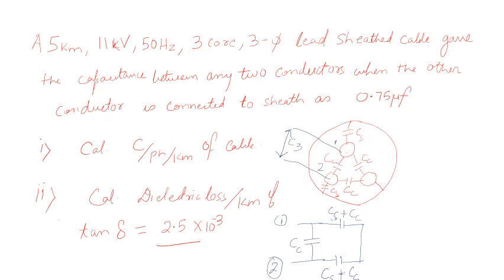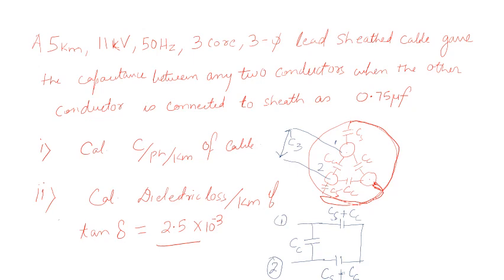So how can we model it? This potential is the sheath potential, right? This part is connected to here, and this part is also connected to here, so these are at the same potential. So CC and CS are in parallel.